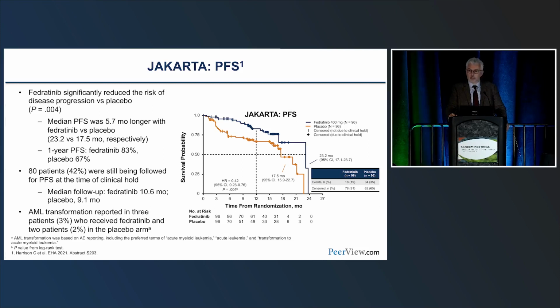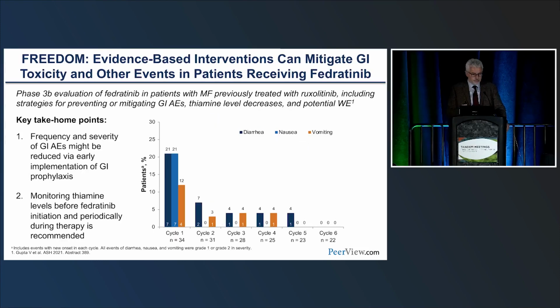Progression-free survival, not overall survival, because the study was cut short. As you may remember, fedratinib was for about 10 months on clinical hold because of a possibility of causing some central nervous system toxicity, which I will explain on the next slide. But the bottom line of this slide is that there is a possibility with fedratinib, as with ruxolitinib, to potentially prolong survival of the patients.